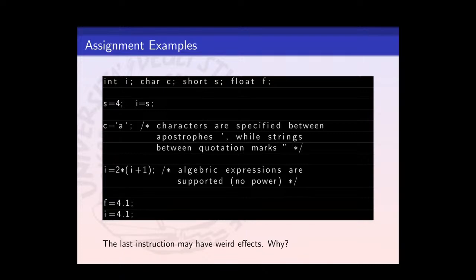So we can safely assign, for instance, the value 4. And there we are doing it. So we are assigning to S the value 4, and then we conclude the instruction that way.